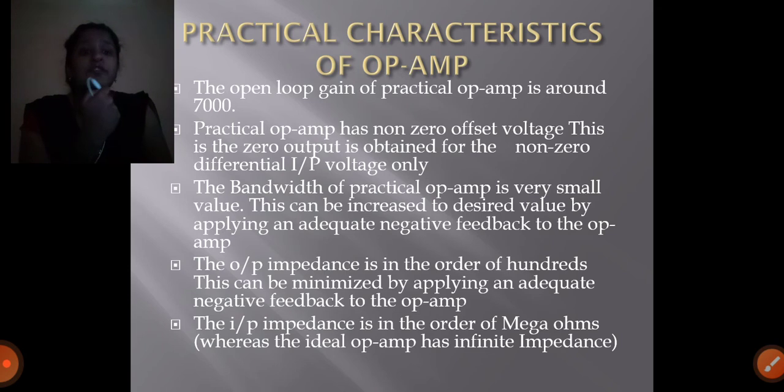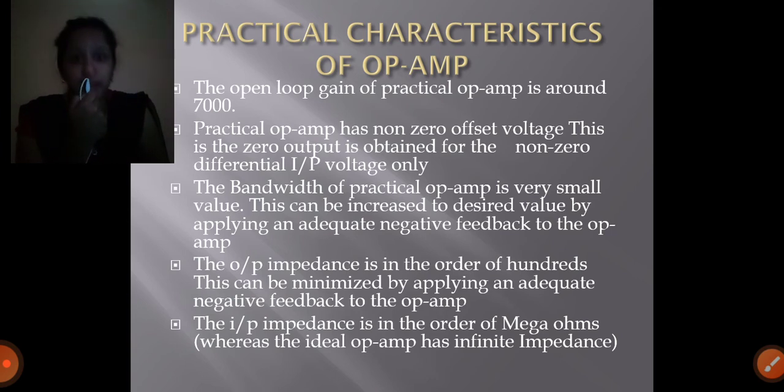Here, applying negative feedback, they can ask questions for 5 marks. What is the need of negative feedback for operational amplifiers? They can ask that for 2 marks, and for 5 marks some derivation.